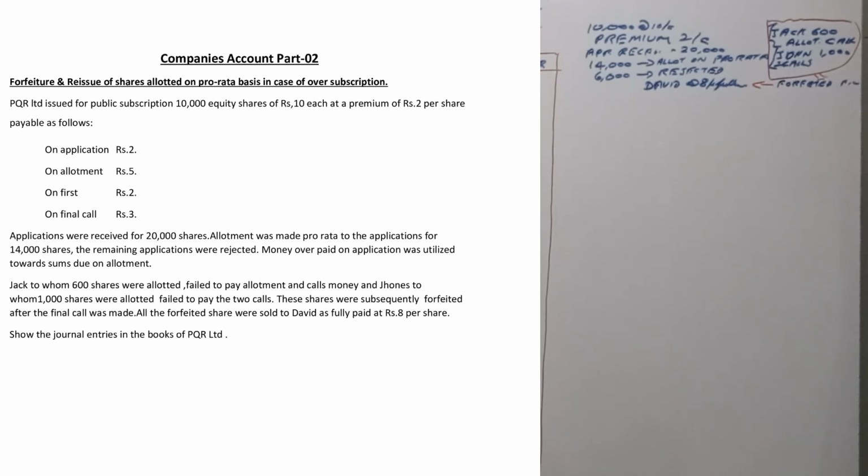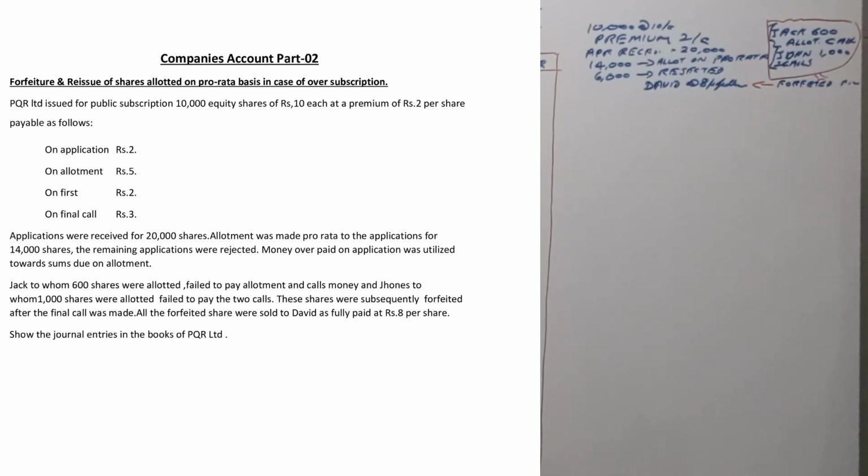First, PQR issued for public subscription 10,000 equity shares of 10 rupees each at a premium of 2 rupees per share, payable as follows: 2 rupees on application. Applications were received for 20,000 shares.